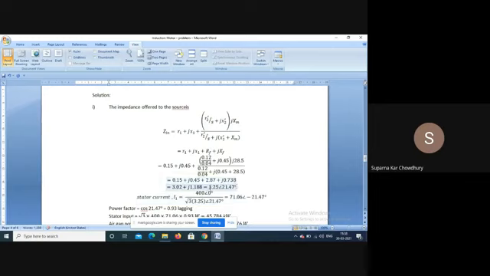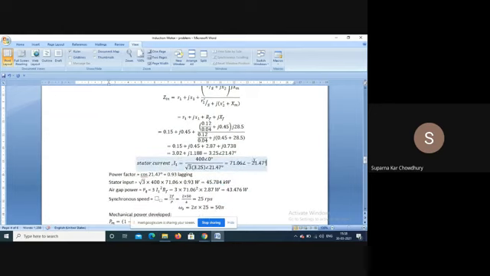This impedance is 3.25, angle of 21.47. So from here we get the current is 71.06, angle of minus 21.47. So this is the power factor angle. So power factor will be cos of 21.47, minus means it is a lagging power factor. So it is 0.93 lagging.